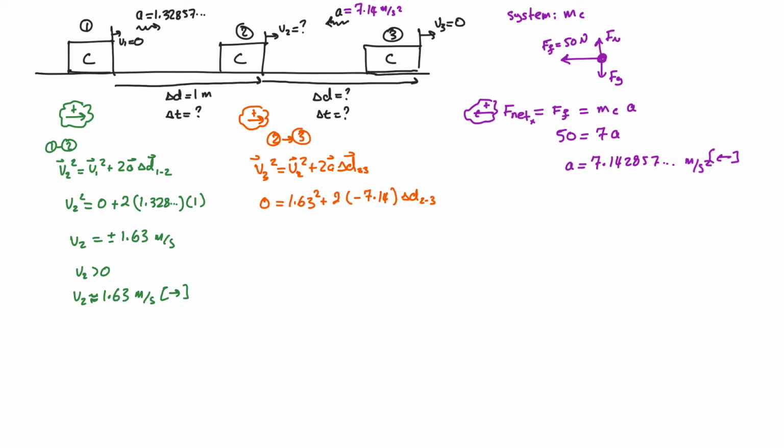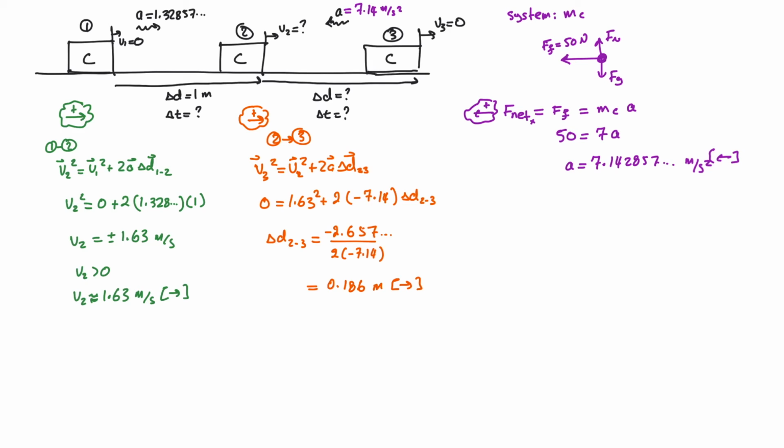Okay, I'm going to do some calculation here, so I get delta d 3 is equal to 2.657 divided by 2 times negative 7.14, and if I put that on my calculator, I get 0.186 meters, and it's a positive value, so I know that it's going in the right direction.